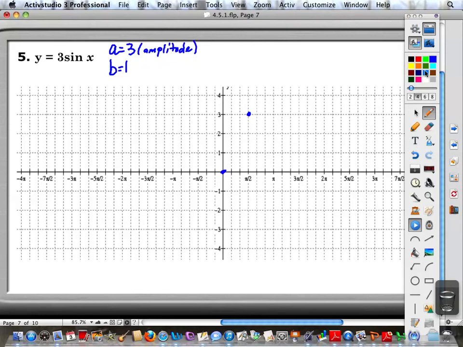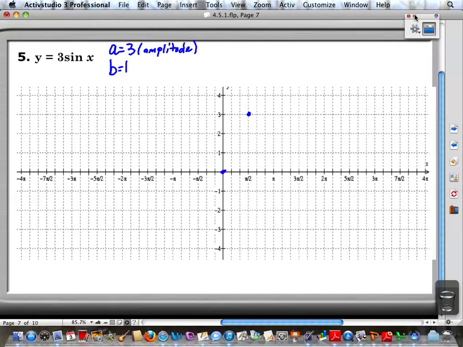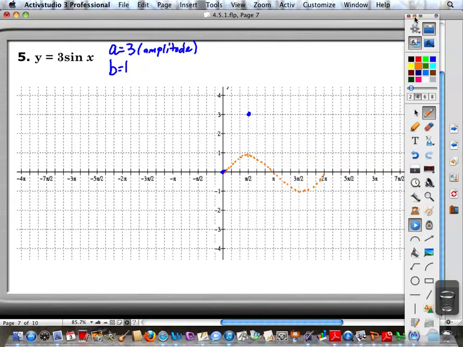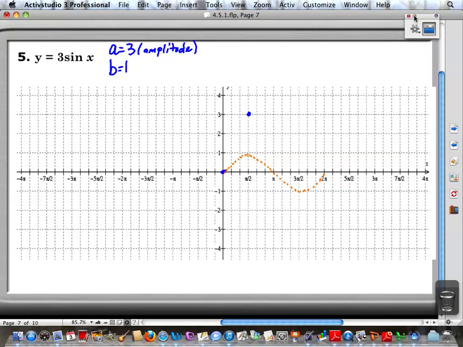Again, let me quickly sketch in where the original graph was. Remember the original graph went up here, came down to -1, and back up to 0. So in orange there we have the original basic sine function, and now look where my amplitude is. My amplitude has jumped all the way up to 3.